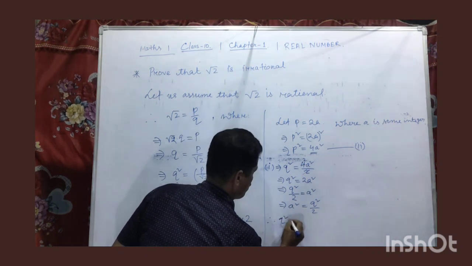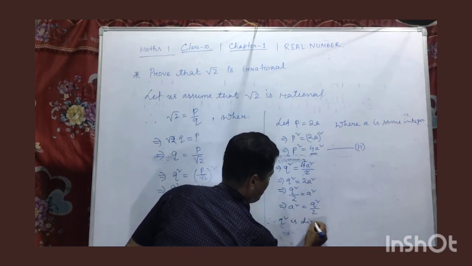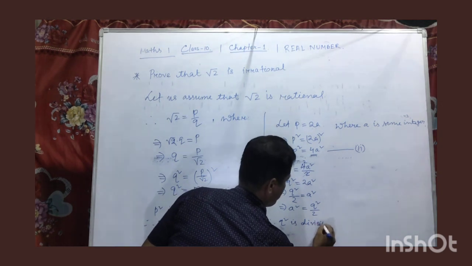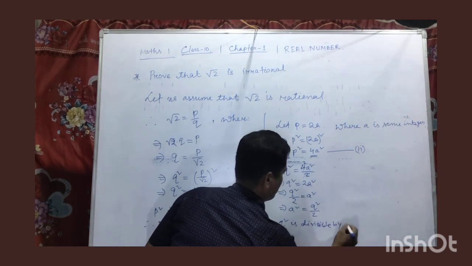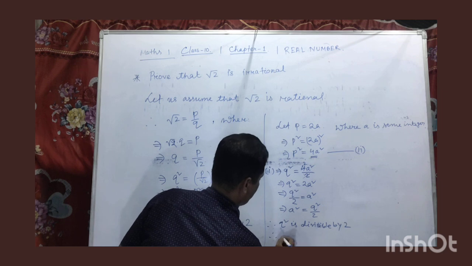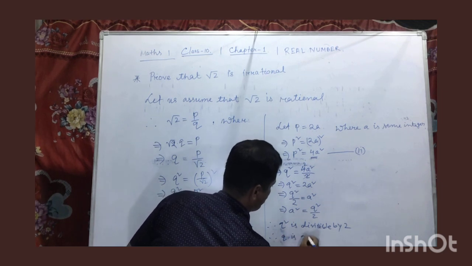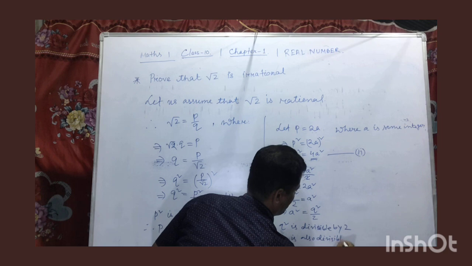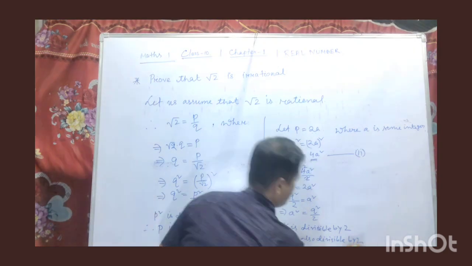Therefore q square is divisible by 2. Therefore q is also divisible by 2.